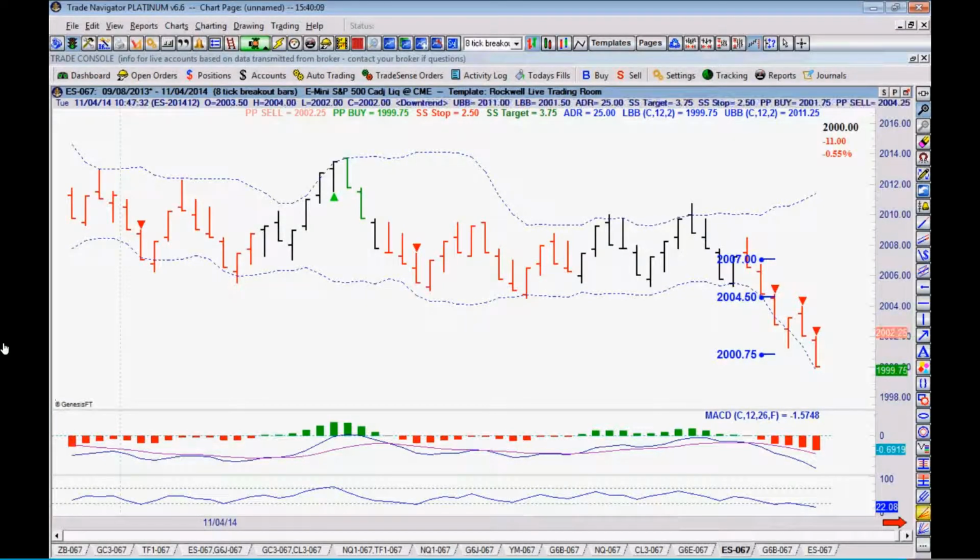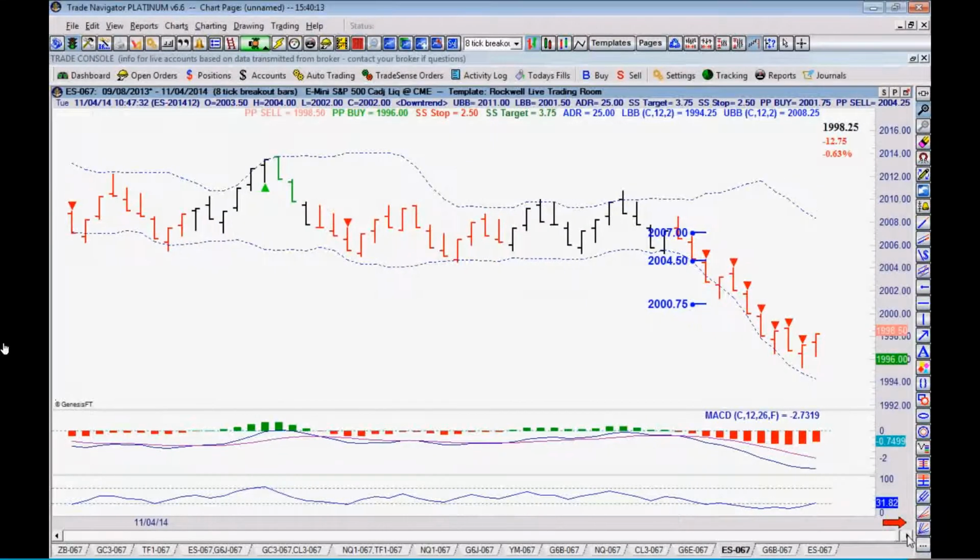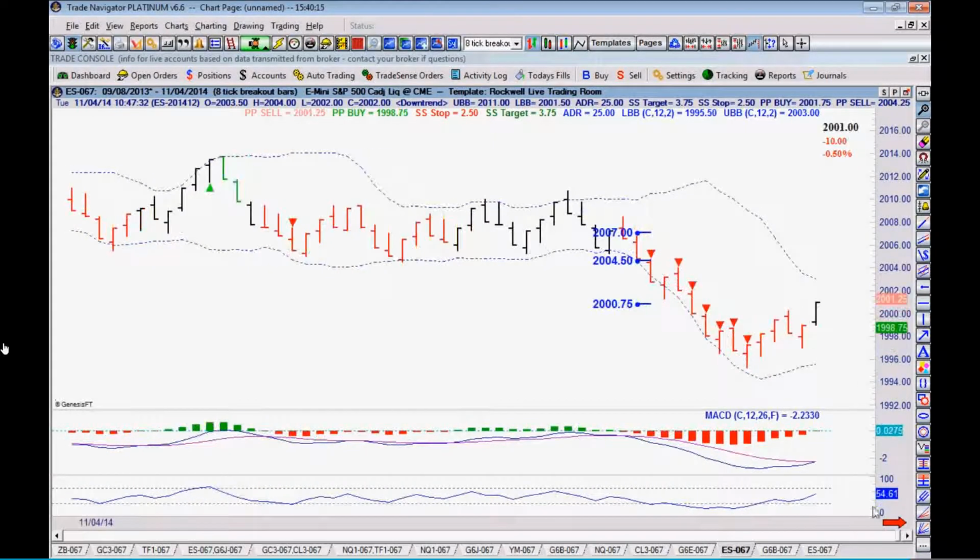Another thing to point out is that in a strong trend, waiting an extra bar for RSI doesn't hurt us. If you wanted to wait for RSI confirmation, then you would see that the entry would have been at 2002.5. The stop loss would be at 2005, and your profit target would be 3 3/4 points lower.